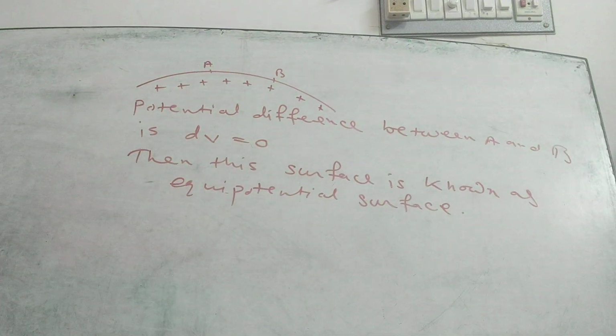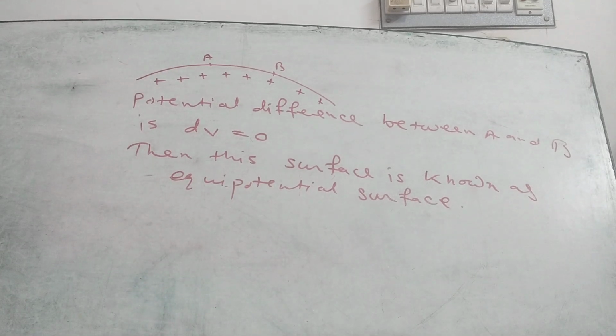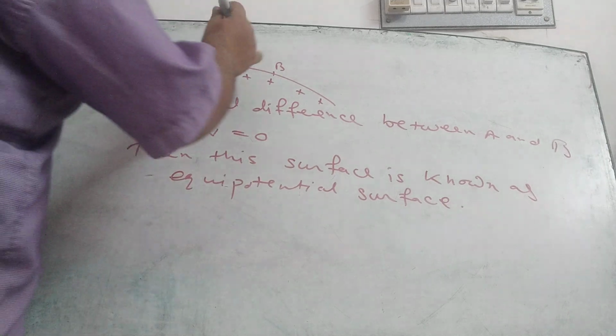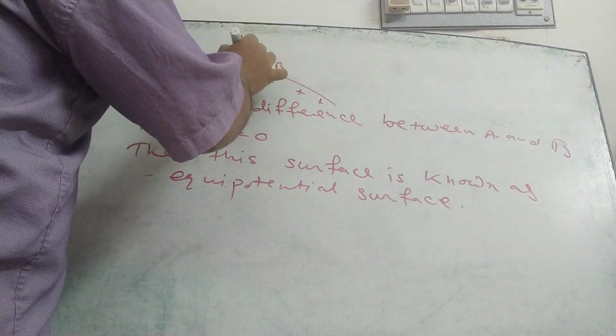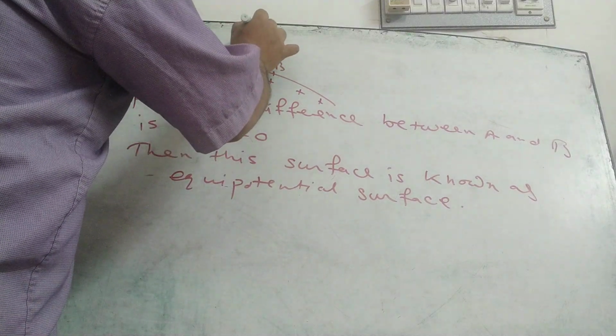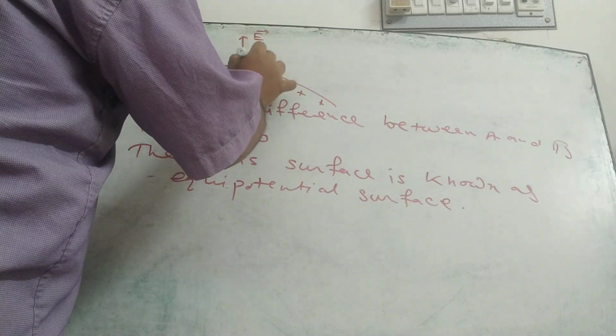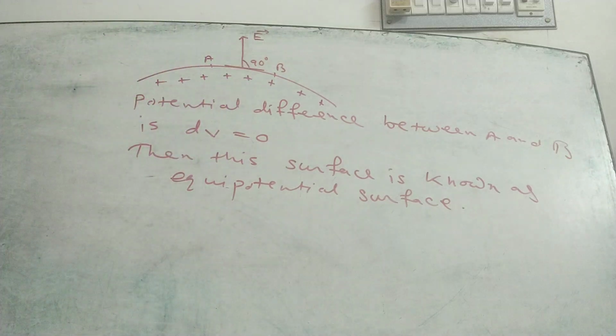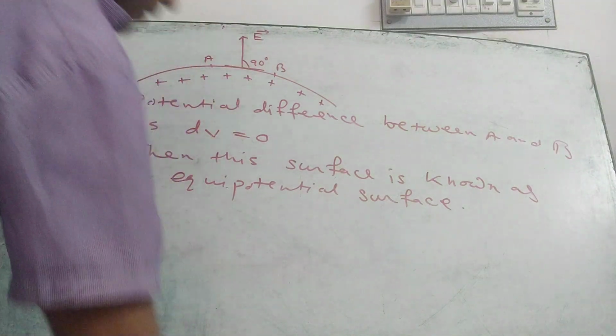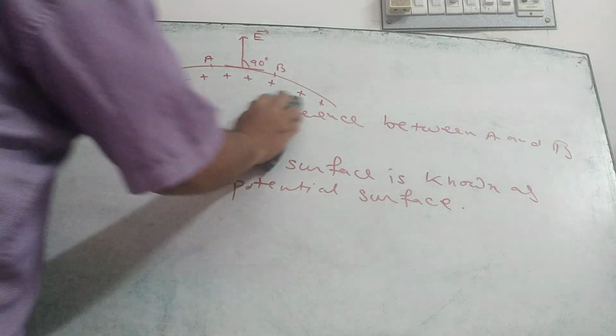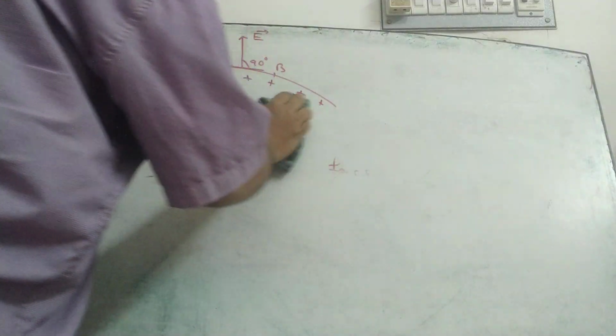The characteristic of an equipotential surface is that the electric lines of force emit from the equipotential surface always in the normal direction.